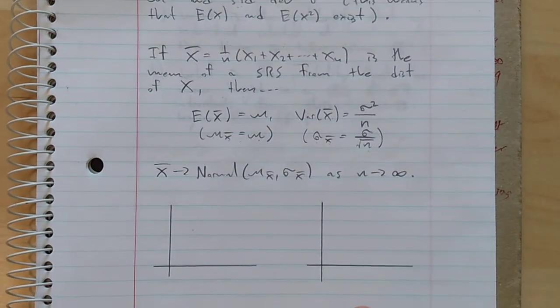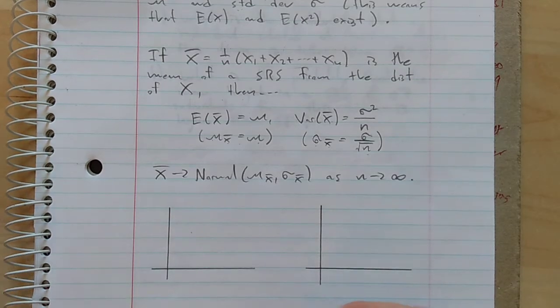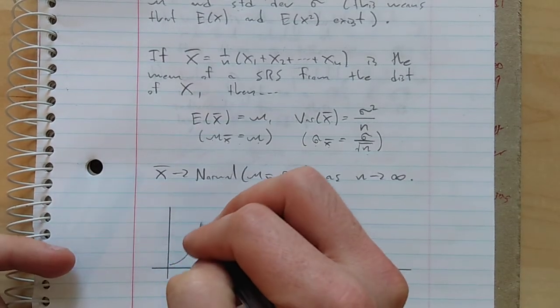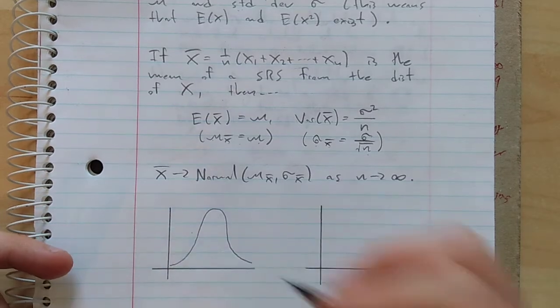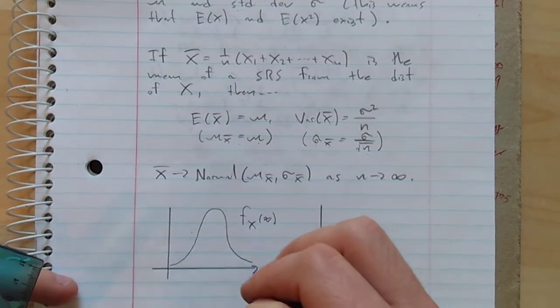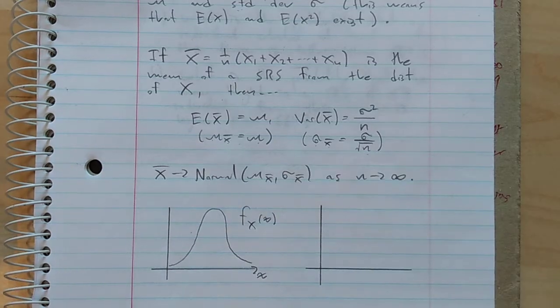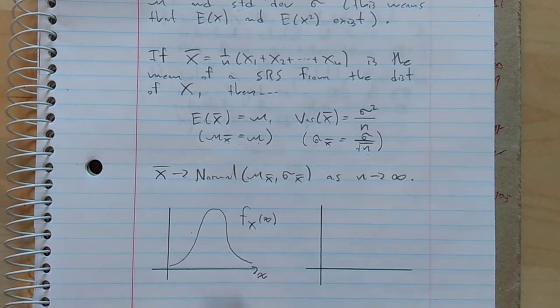So just to graphically illustrate that, it wouldn't be surprising if I'm sampling from a normally distributed population. Call this f capital X of little x. So suppose I'm taking a sample from a normal distribution, and then I'm calculating the average of that sample. I take a sample of values, I compute the average.